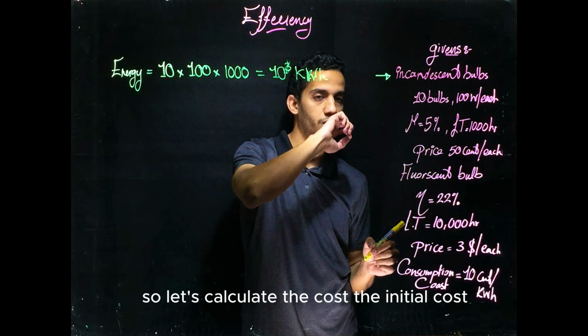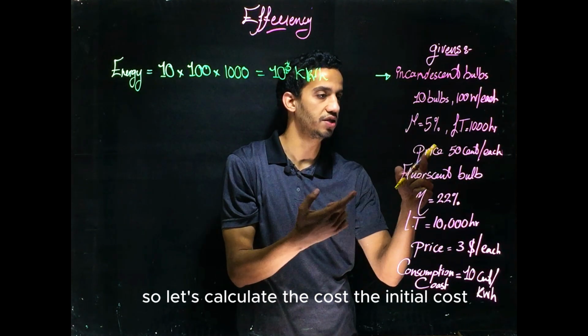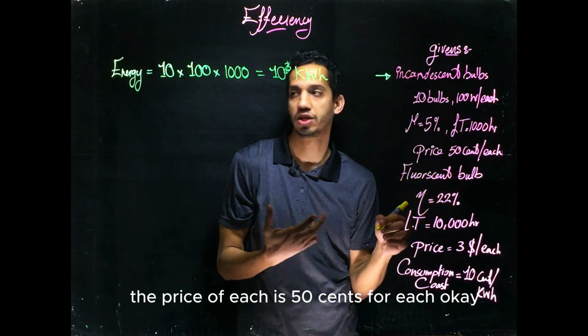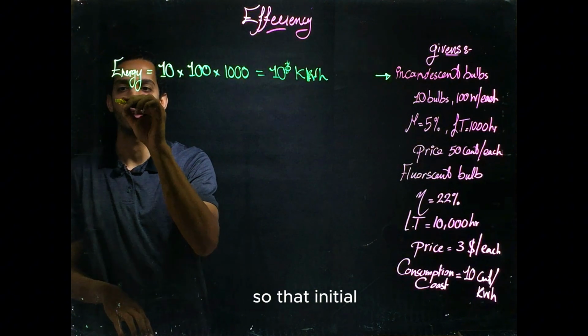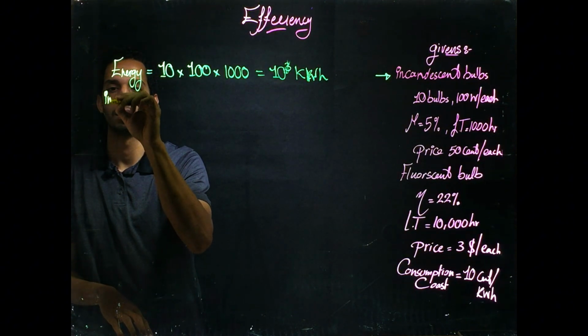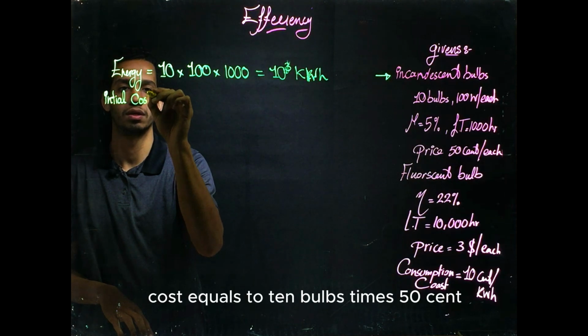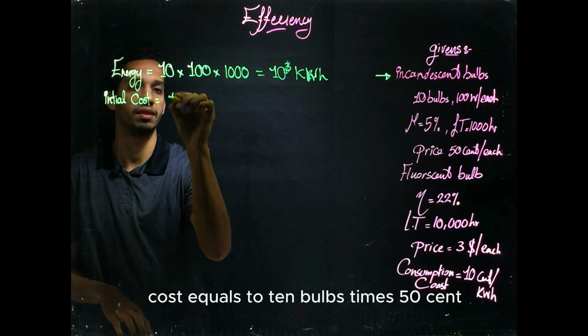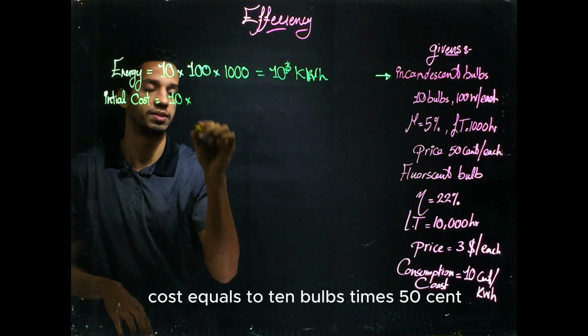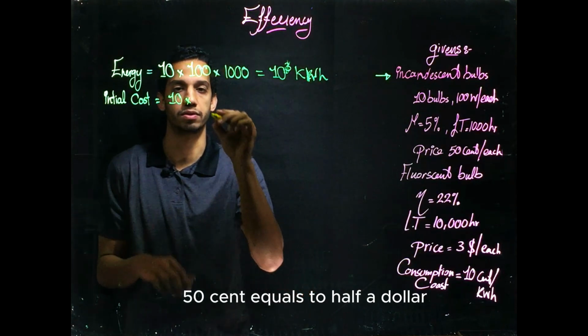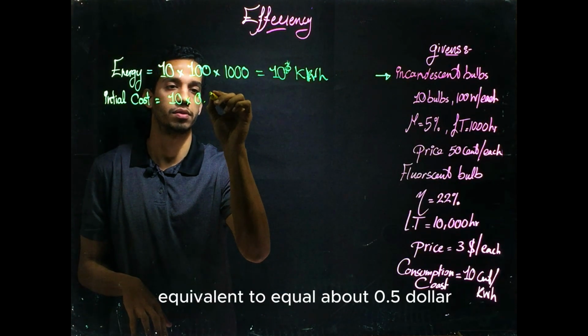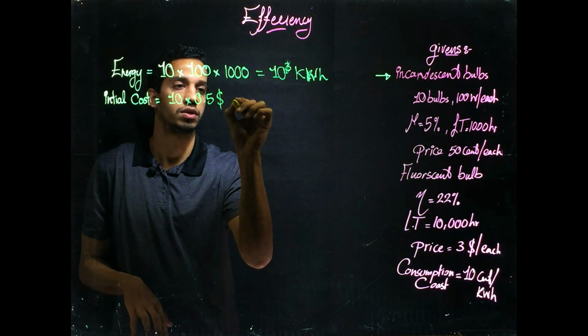Okay, so let's calculate the cost. The initial cost: the price of each is 50 cents. So the initial cost equals 10 bulbs times 50 cents. 50 cents equals $0.50.